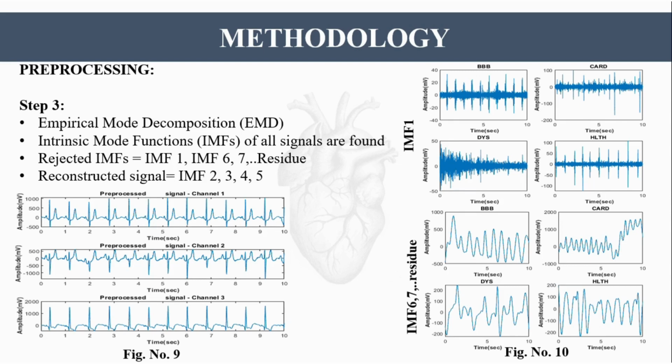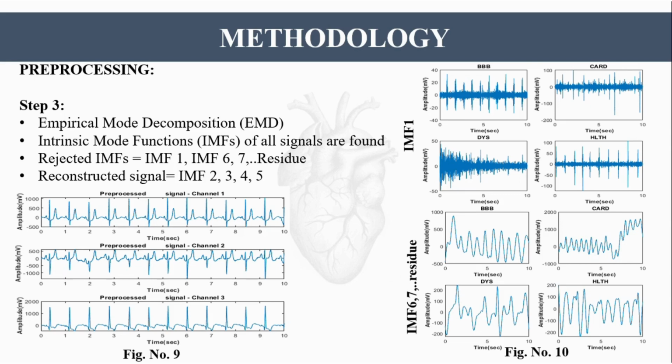Our experimental scrutiny has revealed an obvious absence of the PQRST complex in IMF 6, 7, and beyond, as well as in the residue, which are also shown in the figures. Moreover, we have analyzed that the higher order IMFs contained comparatively less information content. So we have rejected IMF 6, 7 up to the residue.